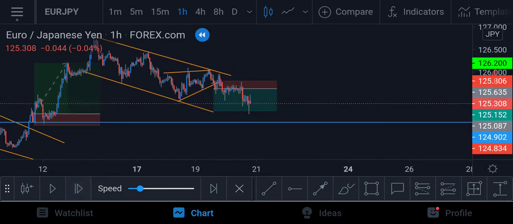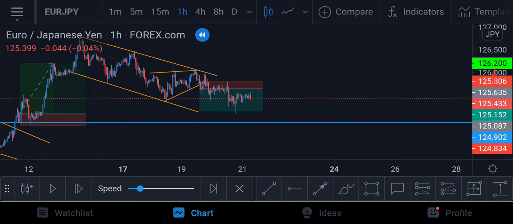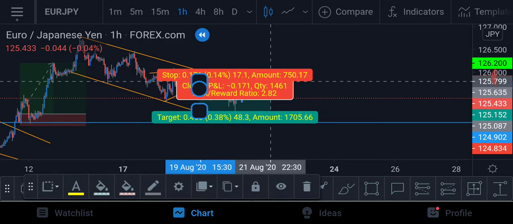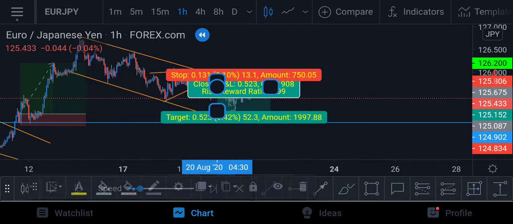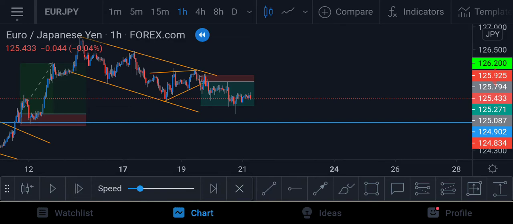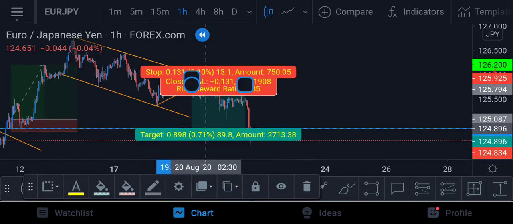As you can see, it works very perfectly and it hit our target, just like an easy thing. Price is going further down.